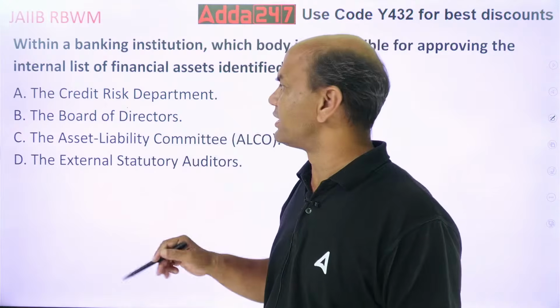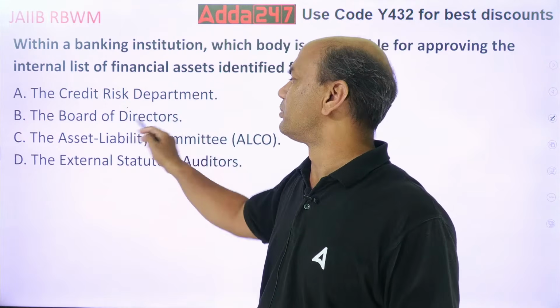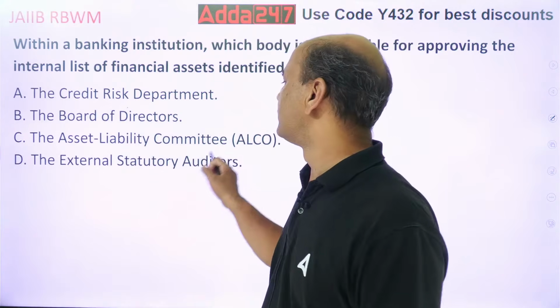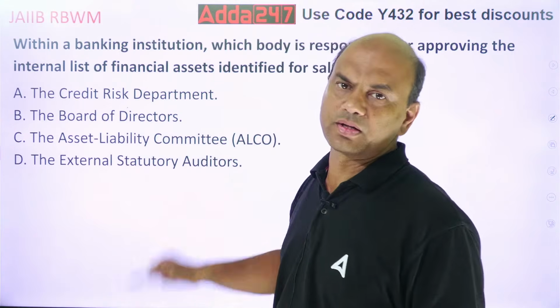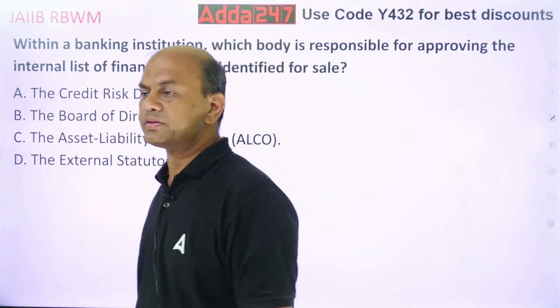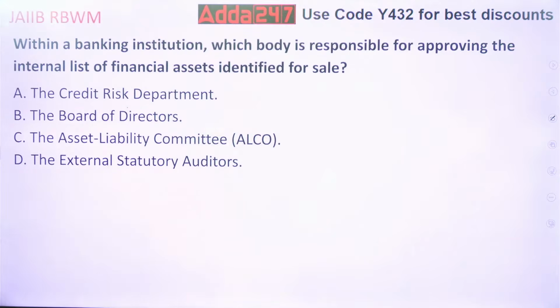Credit Risk Department, Board of Directors, ALCO, or external statutory auditors. Who will decide whether the loans are to be sold to the securitization company, sold to SPV?